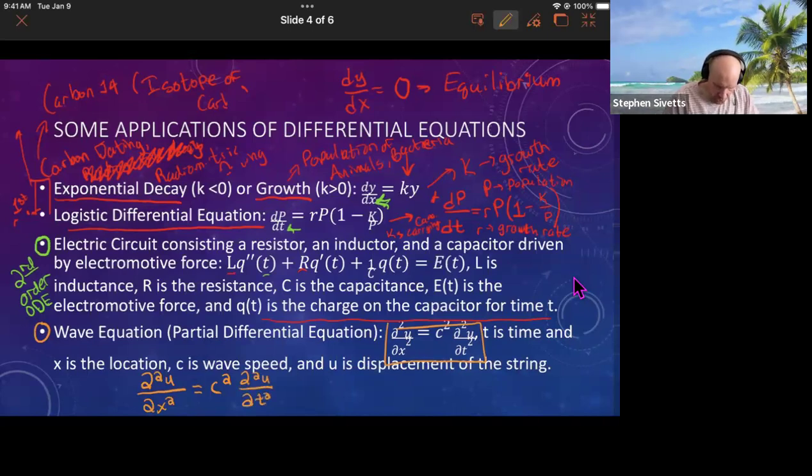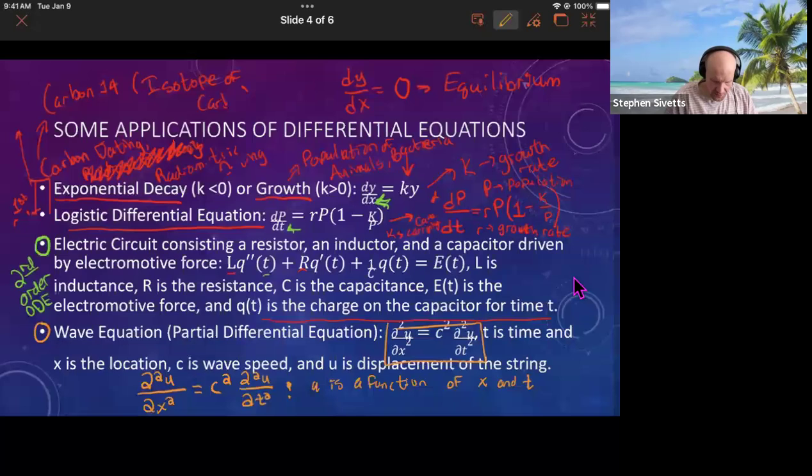So this is a partial differential equation, right? It involves an equation with partial derivatives. So what this implies is that u is a function of x and t, right?